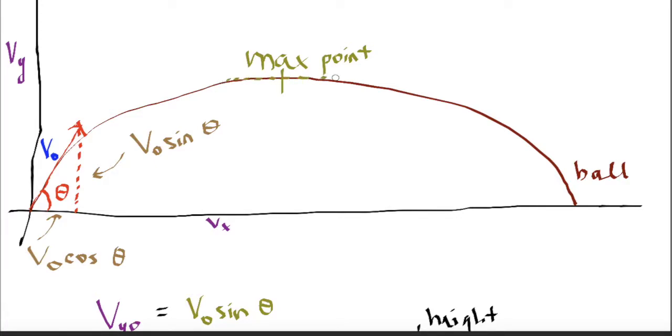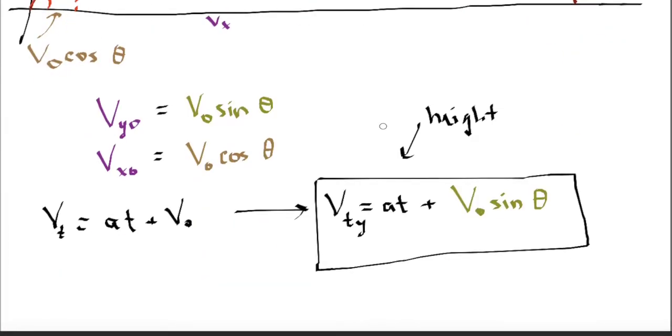Now, if we take a tangent line at this point here, which should look something a little like that, then we can see that the slope of this tangent line is equal to 0, meaning that the derivative of this graph at that point is equal to 0, and the derivative is equal to vt. So vt is equal to 0.